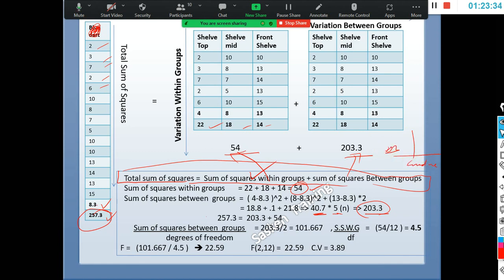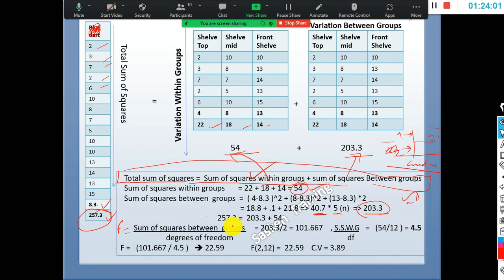How far each group mean, X1 bar, is away from this one, X2 bar. So let's say this is X2 bar and X1 bar, and this is my X3 bar, right? This is on the numerator. So sum of squares between groups divided by sum of squares within groups. Within each group, how far each value is away from the mean, right? The same thing, but the only difference is this is your F statistic.